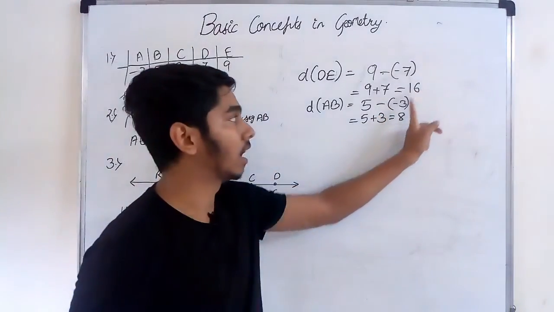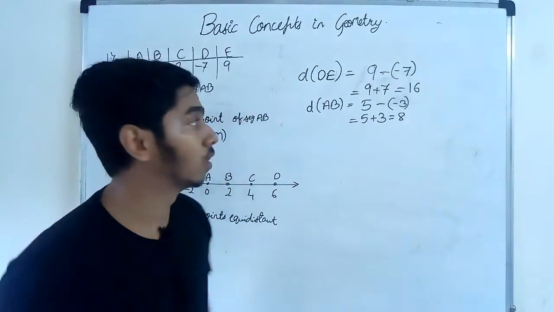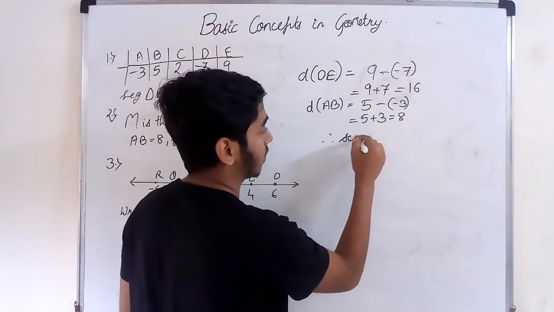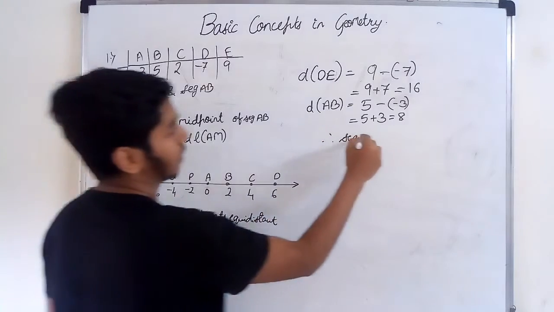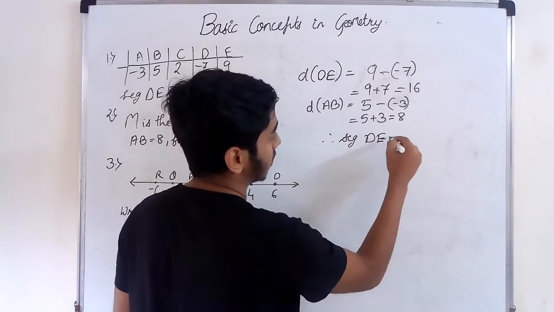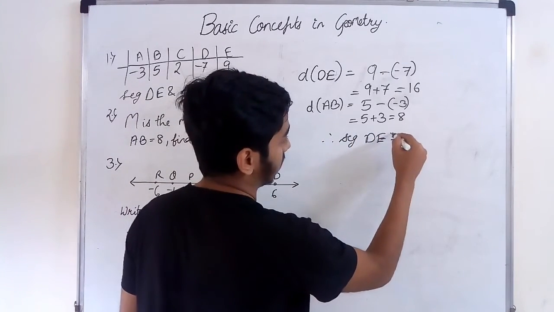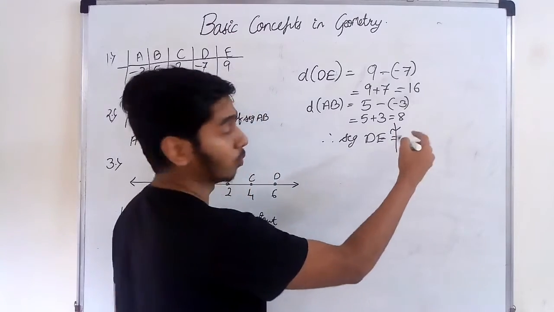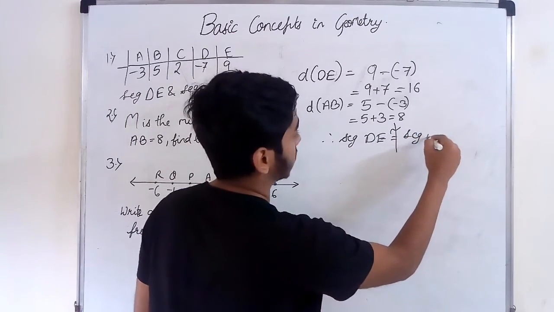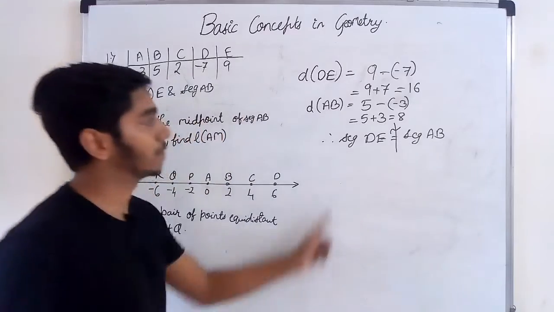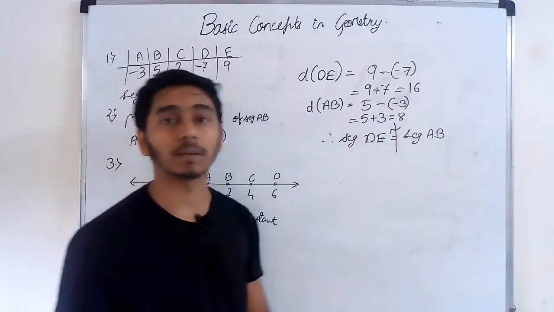Now if you see, are these two equal? No. Therefore we can say segment DE is not congruent to segment AB.